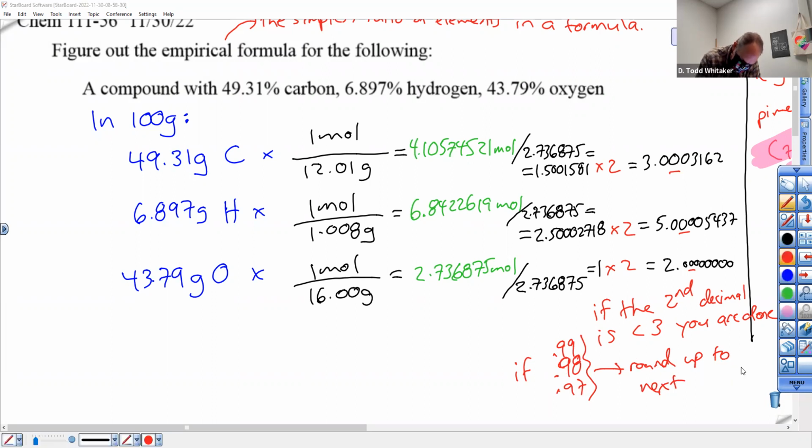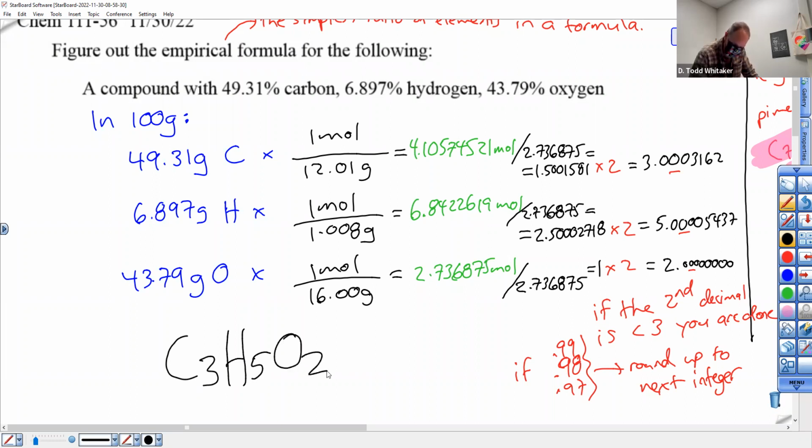We're getting rid of the decimal. So we're done. These are spot on: 3, 5, and 2. Final answer: C3H5O2. Those were the closest integers to our numbers. So that is this molecule's empirical formula. And we're going to stop there.